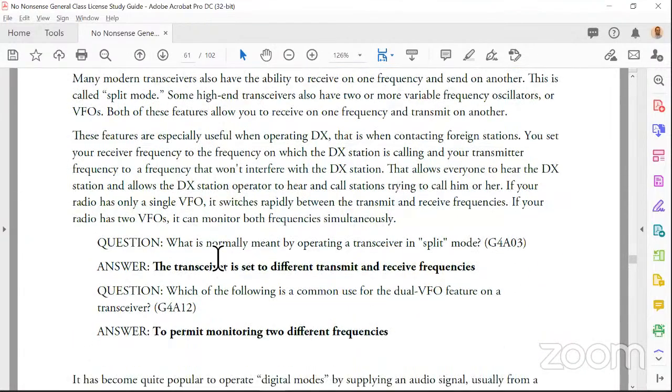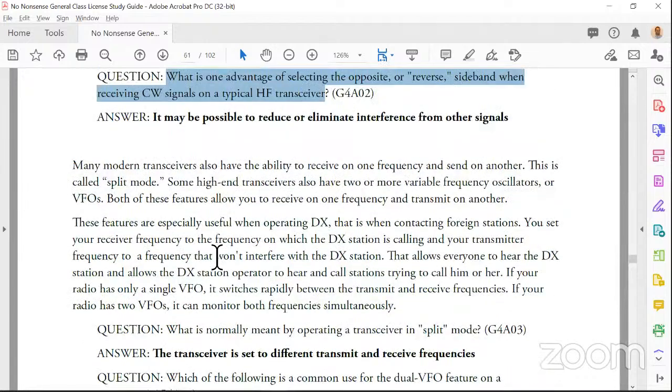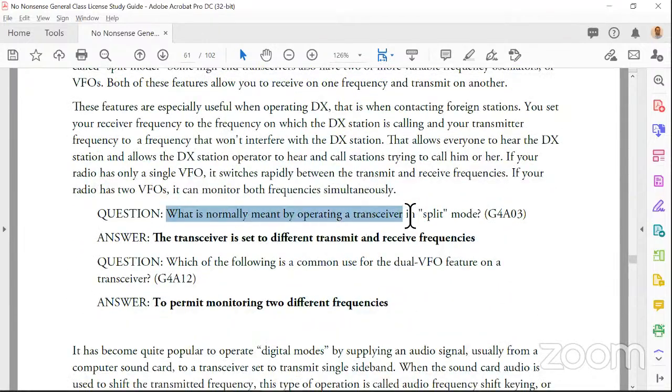All right. Next question in the question pool. What is normally meant by operating a transceiver in split mode? So we said that split mode is a mode where two different frequencies are used and is often used by DX or long distance or foreign stations when they're working a pileup, many persons trying to get to that rare DX station.